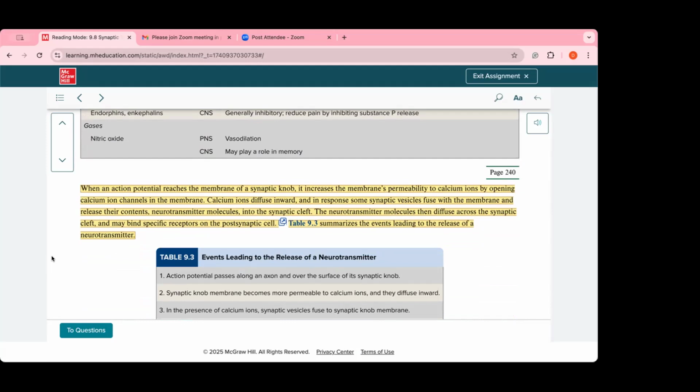So the calcium channels open and calcium ions come in. Synaptic vesicles fuse with the membrane, releasing the neurotransmitter molecules.